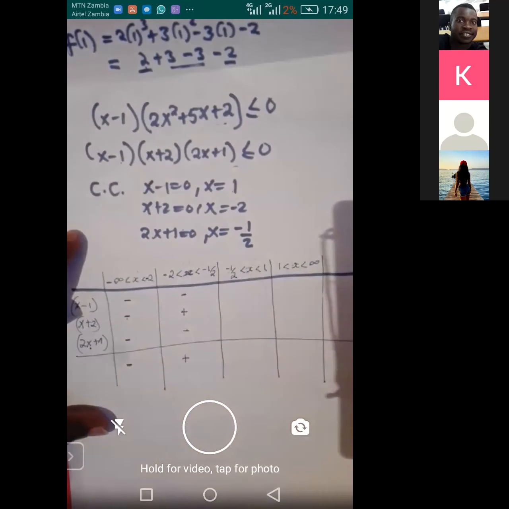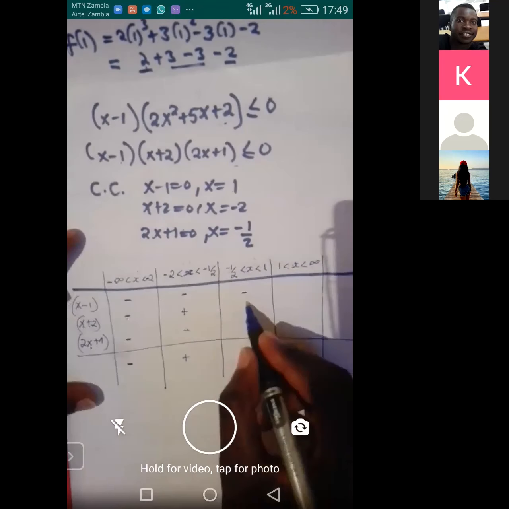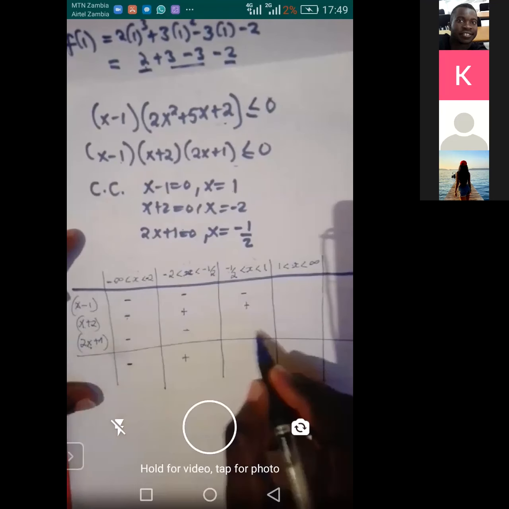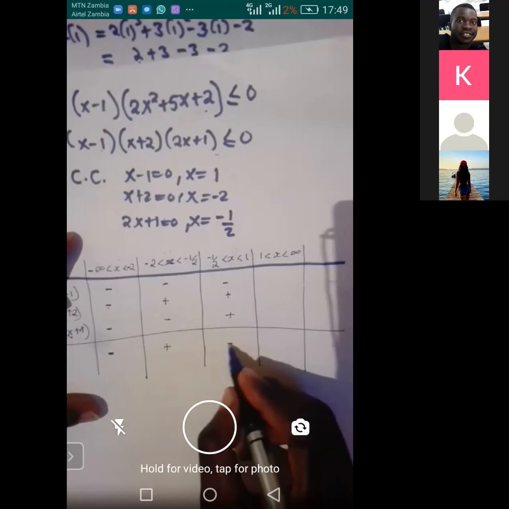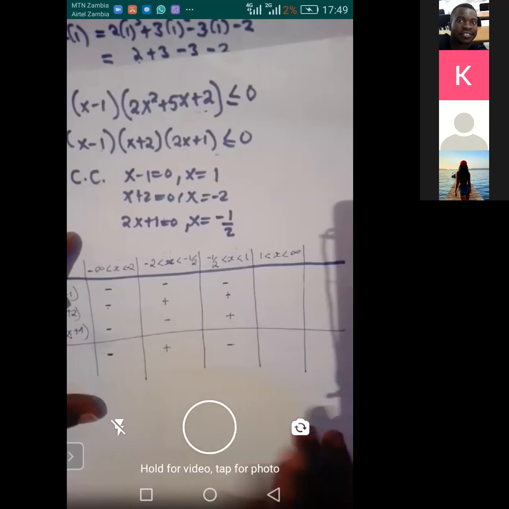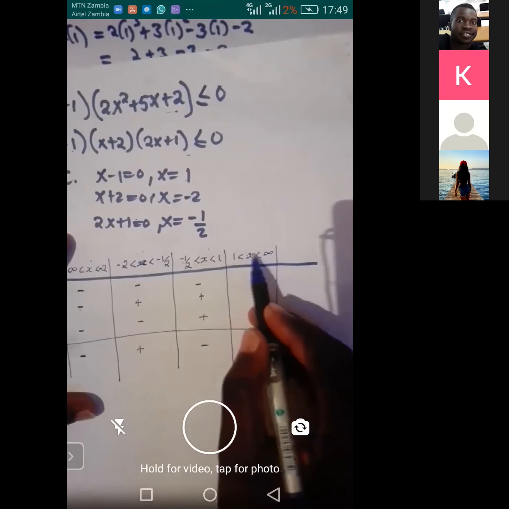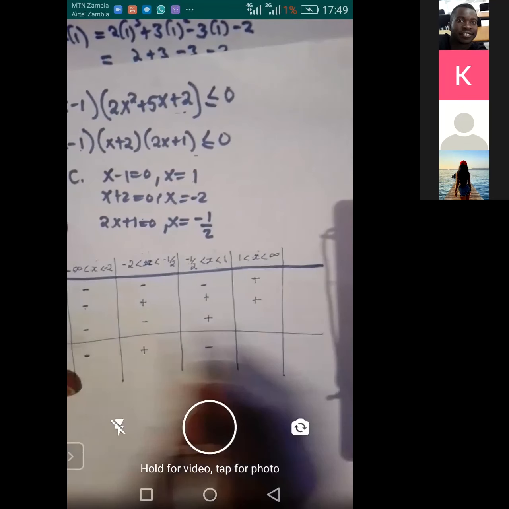There you get a negative, a positive, a positive, so the product is negative. Then in this interval, you can pick any number, 2 for example. 2 there, positive, positive, positive, and the product will be a positive number.